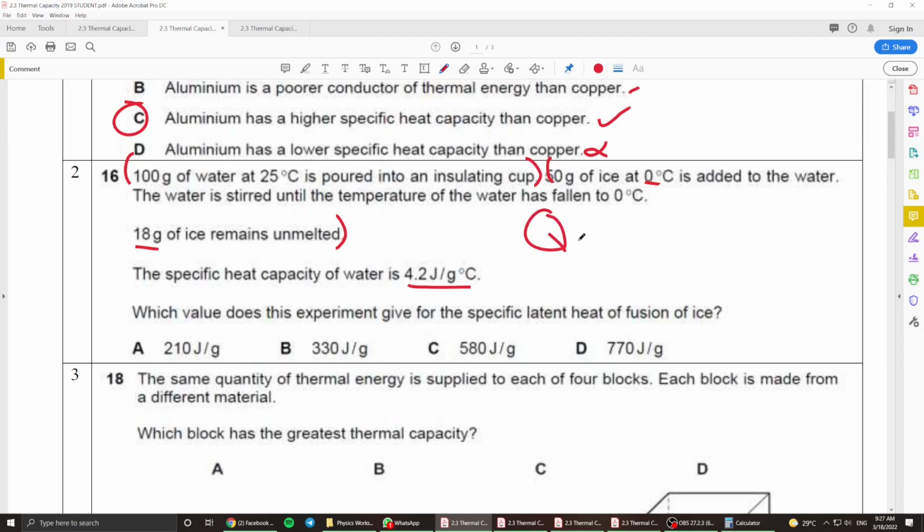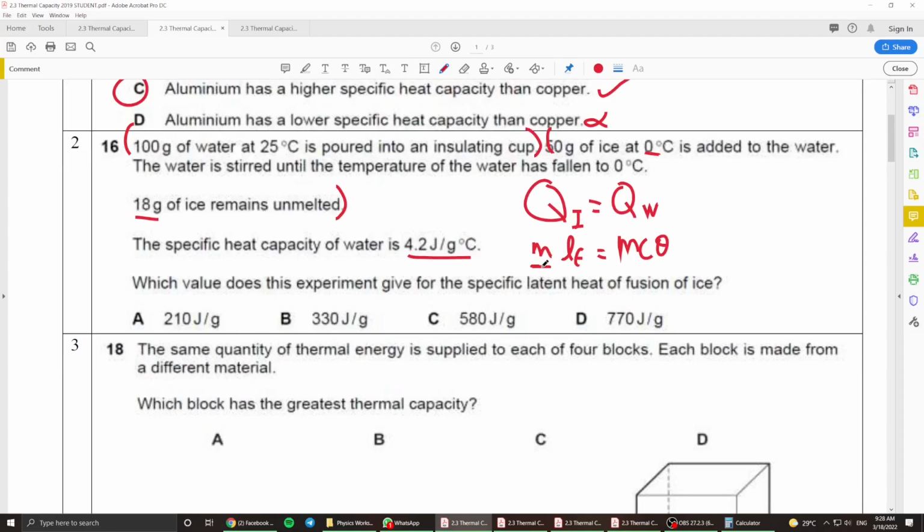The amount of energy gained by the ice is the amount of energy lost by the water. In this case, you use Q equals mLf for the ice, equal to Q equals mcθ for the water. The m, however, is a little bit tricky. Since only 50 grams minus 18 grams of ice was melted, it means 32 grams of ice was melted.